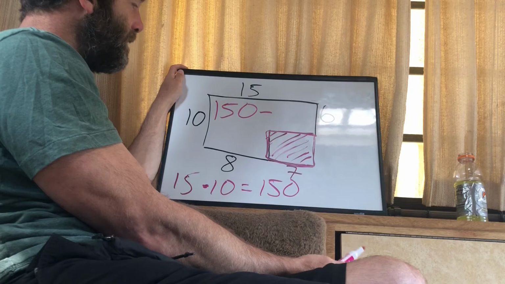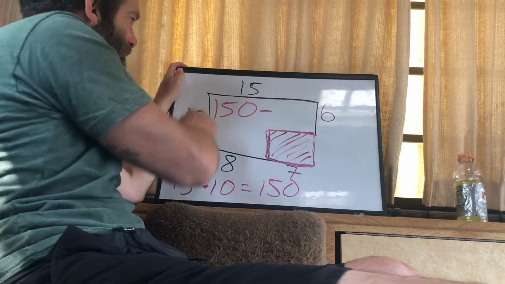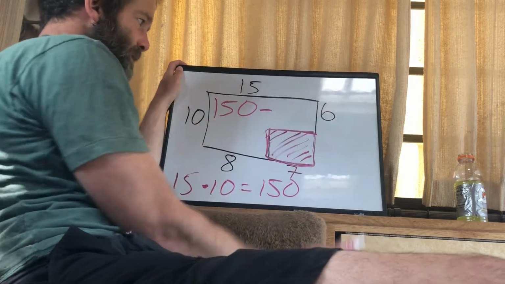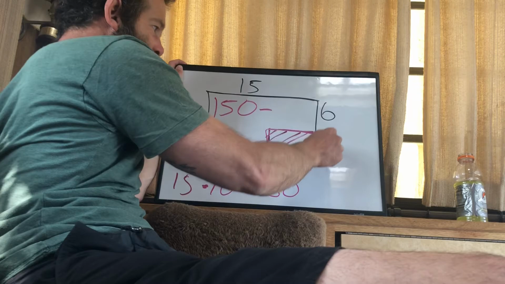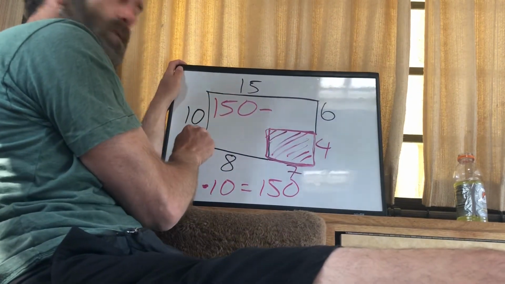So that's what I'm going to do. I'm going to find the area of this square. I already know this is 7. Now look, this side's 10. This whole side has to be 10 right here. So if this is 6, this would have to be 4. Because look, 6 plus 4 is 10. It's this whole side right here.